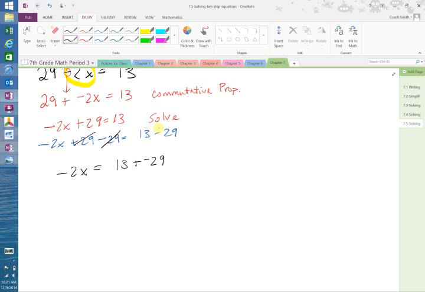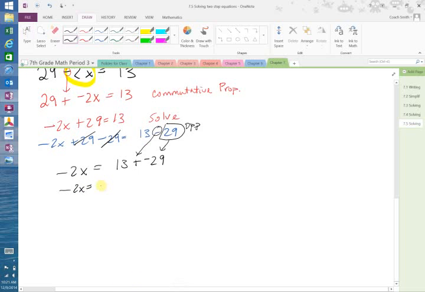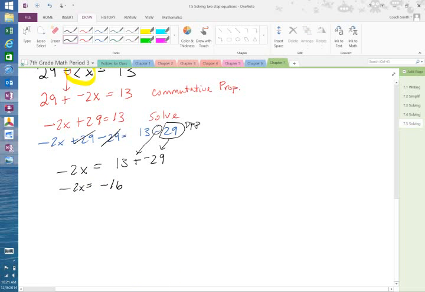Okay, because this is addition, do the opposite of positive 29. And the opposite of that is negative 29. So now I have negative 2x is equal to negative 16. Because you have a positive and a negative, you have to subtract their absolute values.